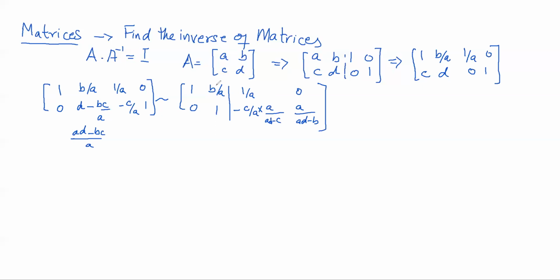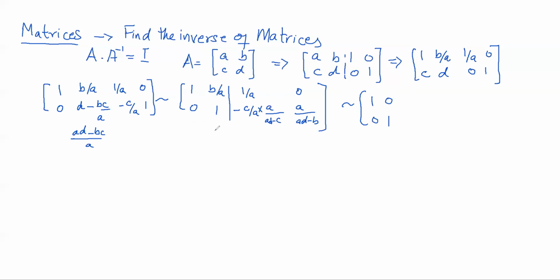Now, in order to make this B over A as 0, I will multiply the second row by minus B over A and add it to the first row. So it will be 1, 0, and 0, 1.